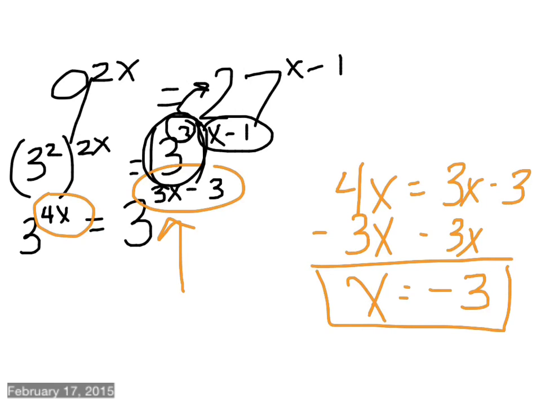Not too bad? Okay. Now, that obviously is one where you can write them as the same bases. However, now I'm going to give you ones where you are not going to be able to write it as the same base: 4 to the x equals 11. There is no way, shape, or form that I can make a 4 look like an 11 or vice versa.